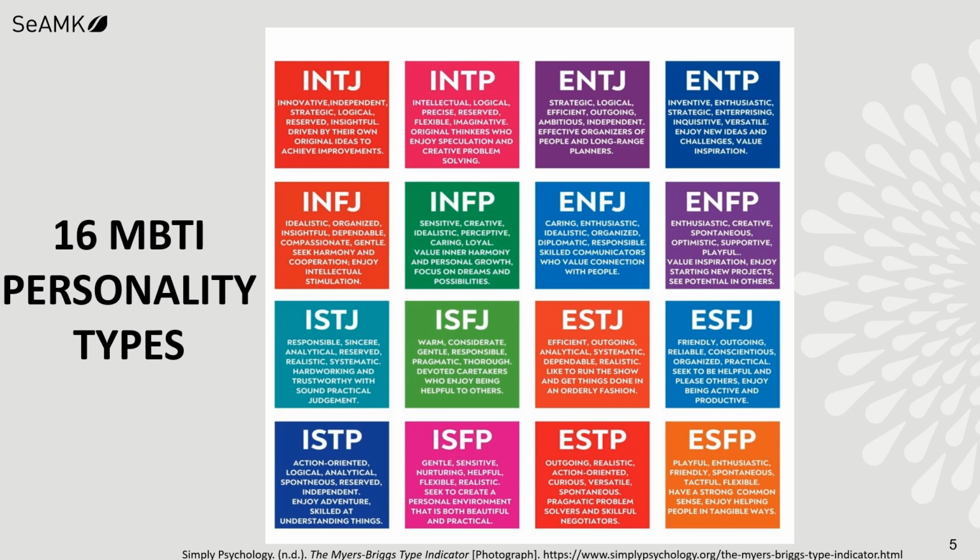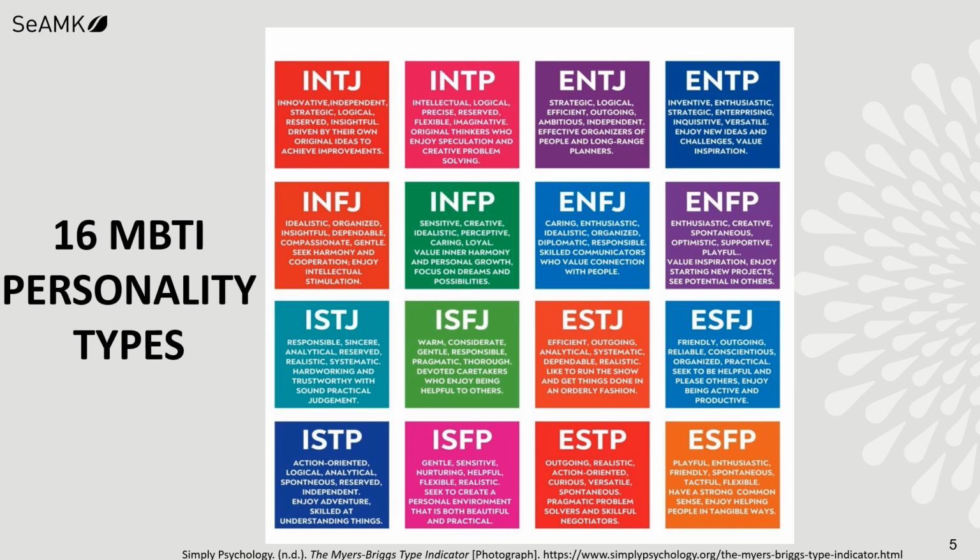ESFJ, the caregiver, soft-hearted and outgoing. They tend to believe the best about other people. ENFP, the champion, charismatic and energetic. They enjoy situations where they can put creativity to work. ENFJ, the giver, loyal and sensitive. They are known for being understanding and generous.